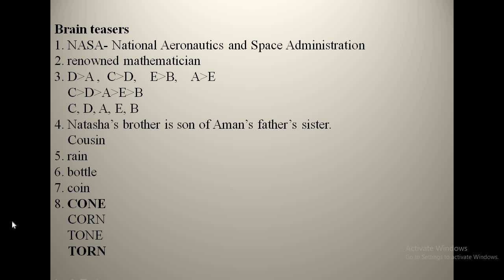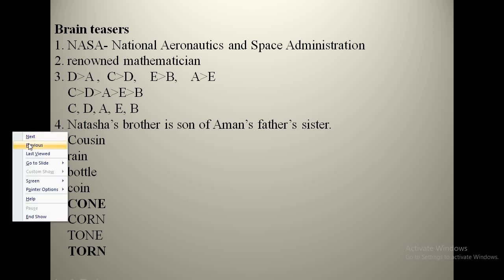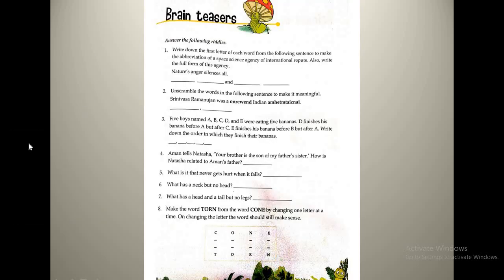Alright, now again moving on to the 4th question. Aman tells Natasha, your brother is the son of my father's sister. How is Natasha related to Aman's father? Aman and Natasha are cousins.